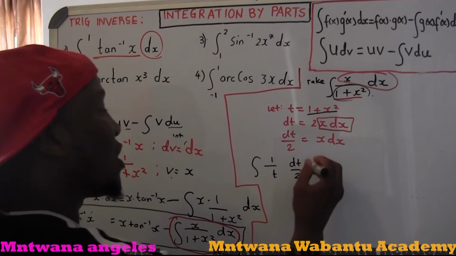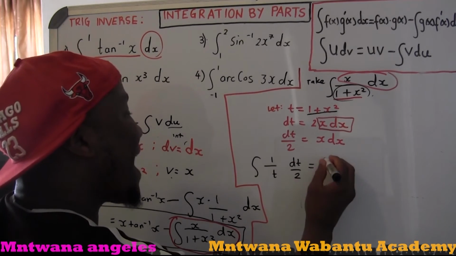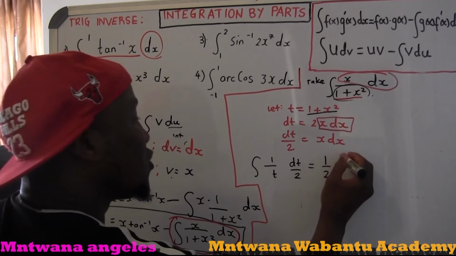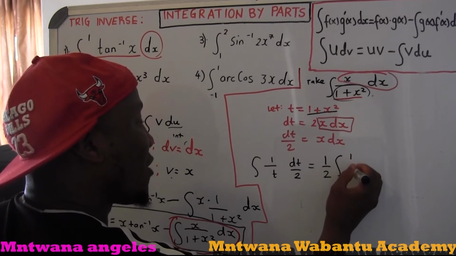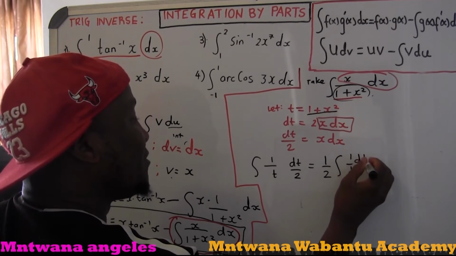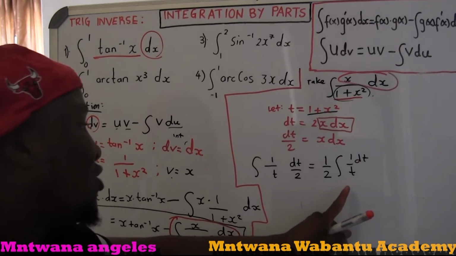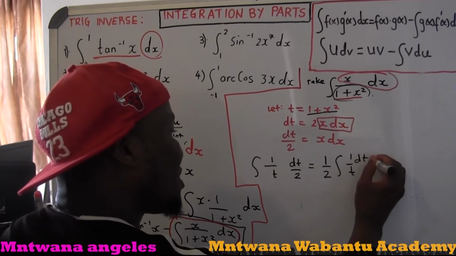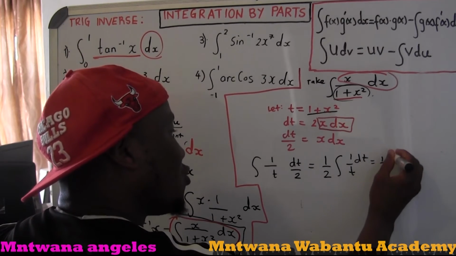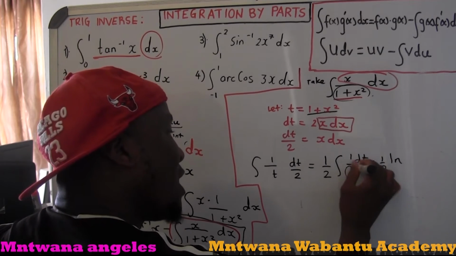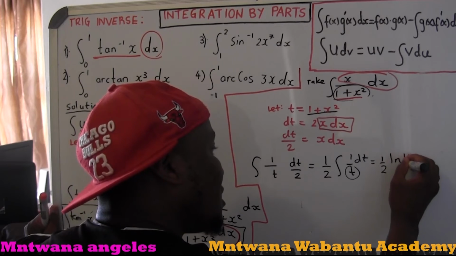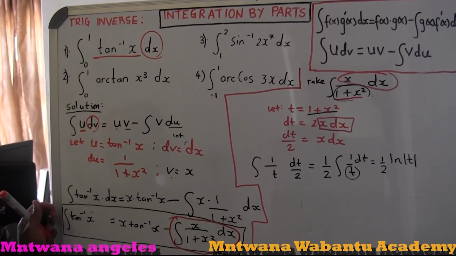I'll take the half out, so 1 over 2 times the integral of 1 over t dt. Now when you integrate 1 over t, you're going to get ln of t, with absolute value.